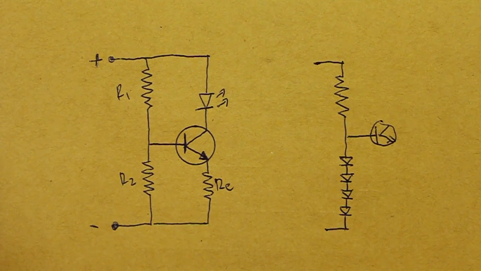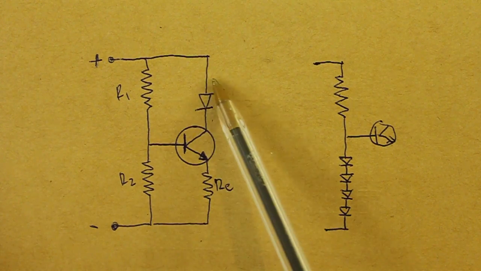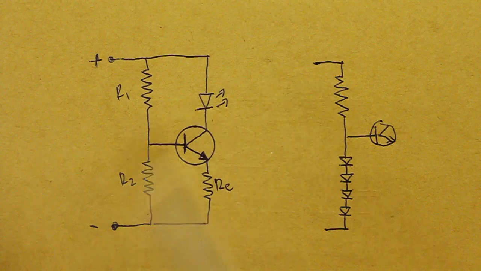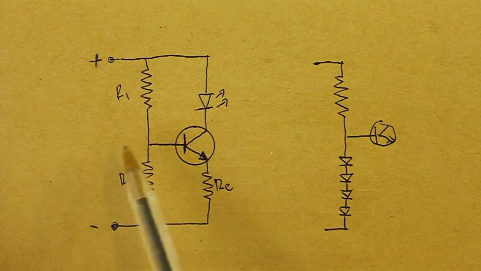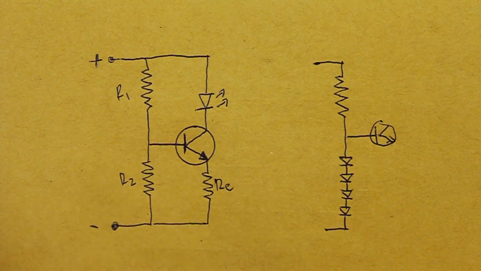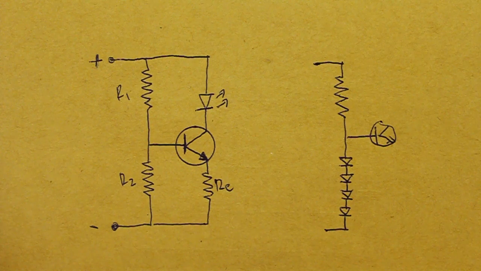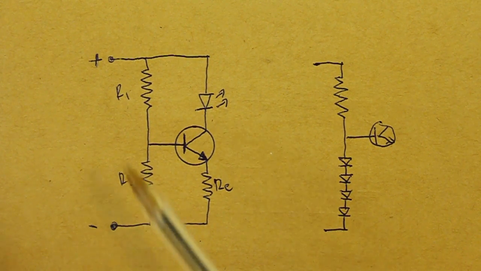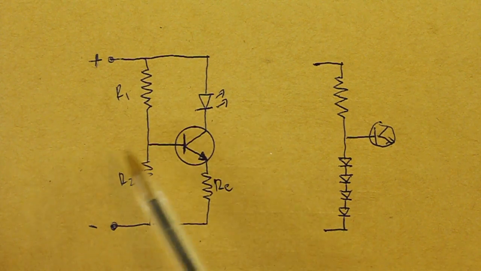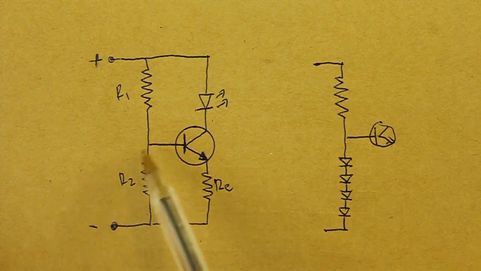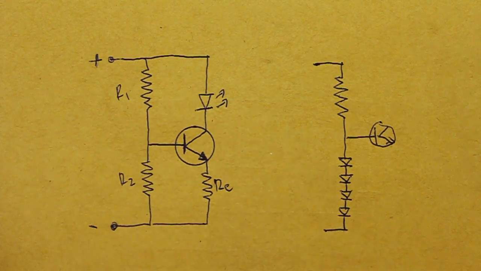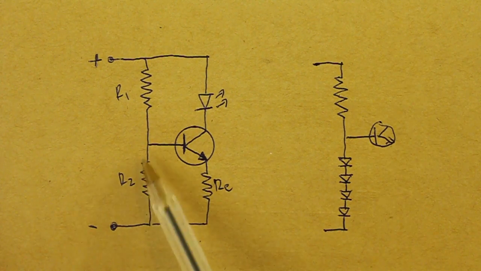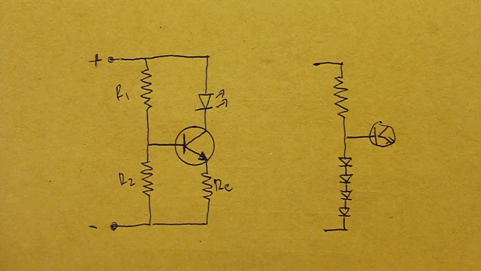The reason why the current at the load is not constant is that the voltage at the transistor's base also is not constant. And that is because a voltage divider provides a variable voltage at this point depending on the input voltage. So we can have better regulation if instead of using a resistor here, we place a string of diodes.